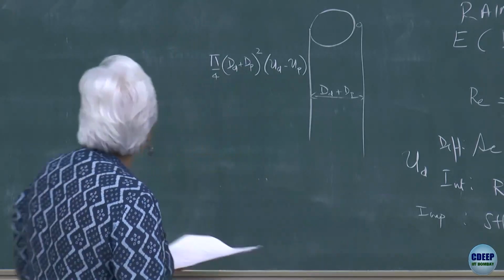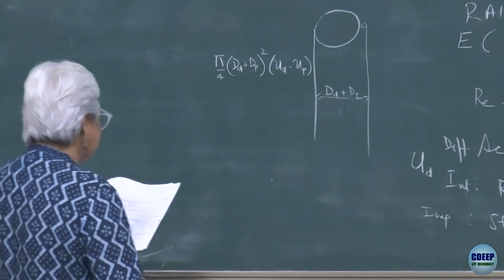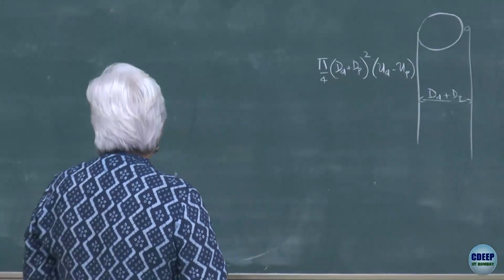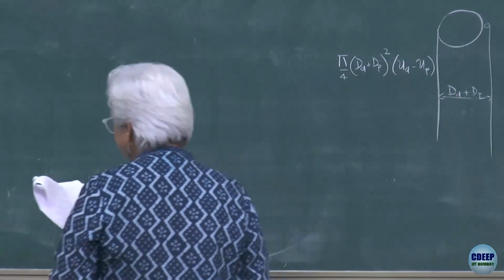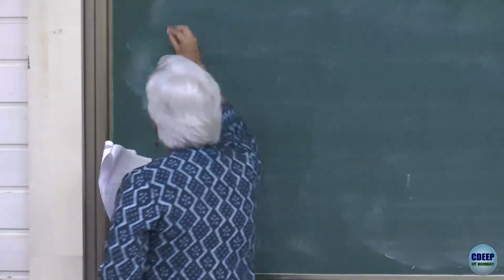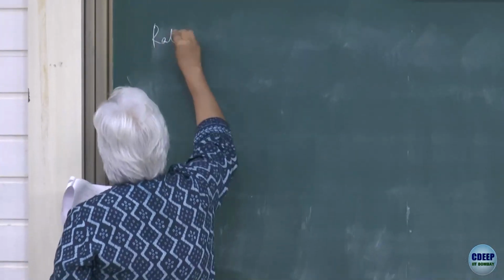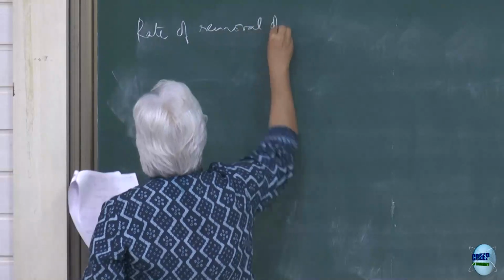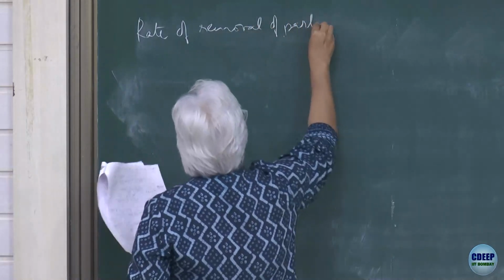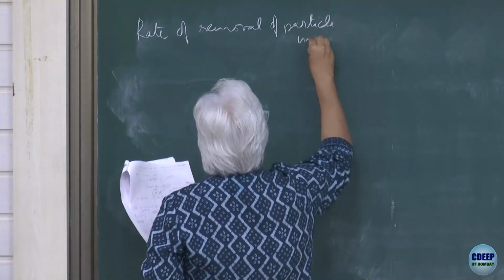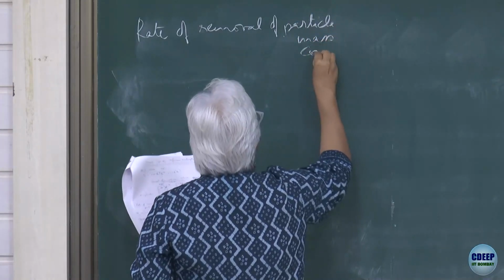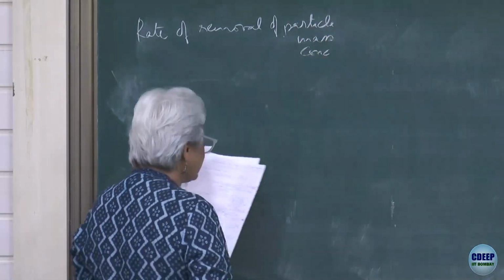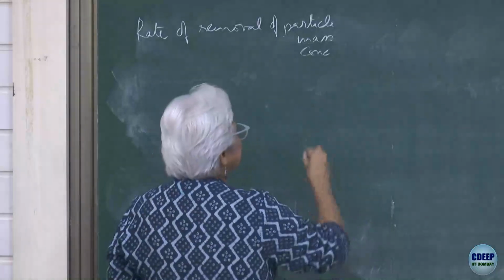So let's go back to trying to understand this in terms of being able to write what is the rate of removal, in this case, let's call it particle mass concentration, by a collection of drops.